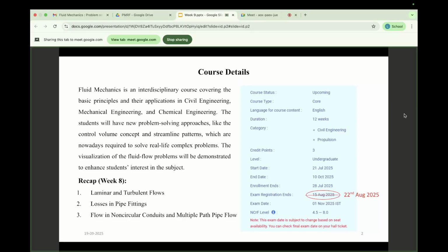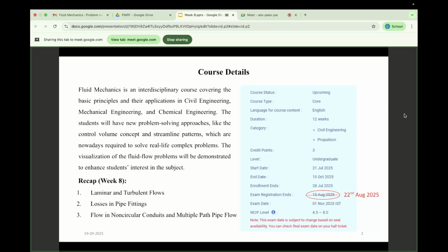In this subject you will learn how to solve typical problems like control volume problems or real life complex scenarios, say water flowing through a channel, and even jet propulsion, and problems you will find in your BTech project or MTech project. These courses will be quite beneficial for you if you go in depth with the fundamental concepts, right?